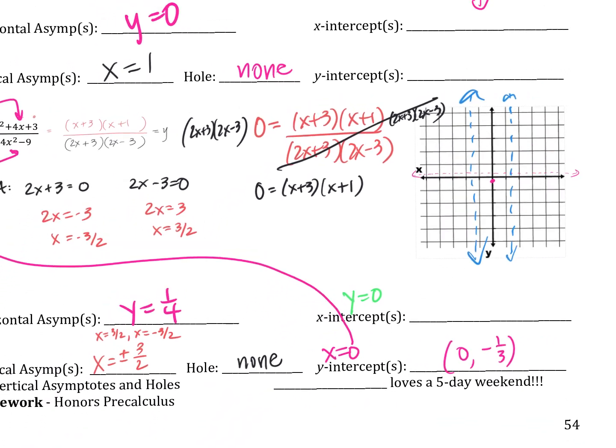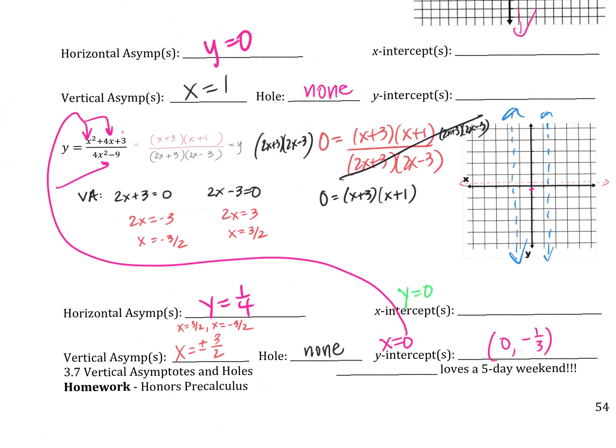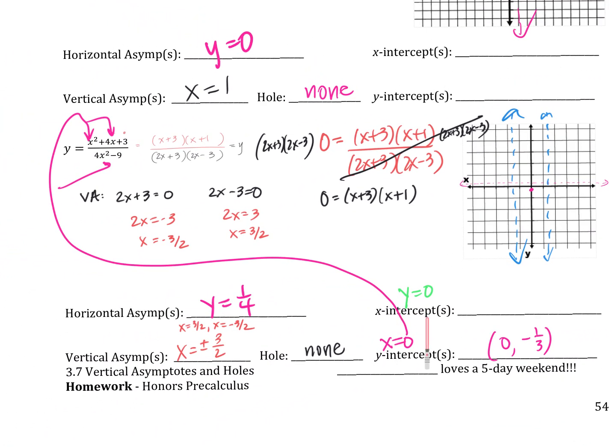Do you feel comfortable saying anytime I'm finding the x-intercept, it's always just going to be 0 equals the top? You could just jump there if you want, because this is a lot to write. Me as a student, I probably would have had to write this though, or else I wouldn't have remembered. You know what I'm saying? So writing it's fine. It just takes some steps. But that x-intercept is always just going to be 0 equals the top, because once we multiply by the denominators, we're there.